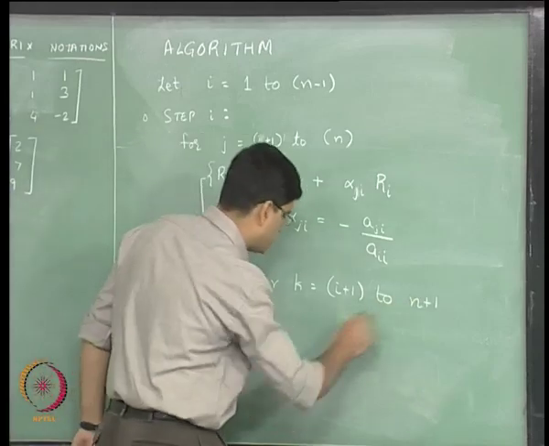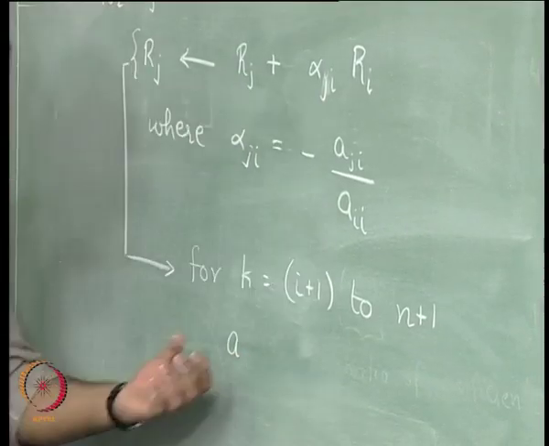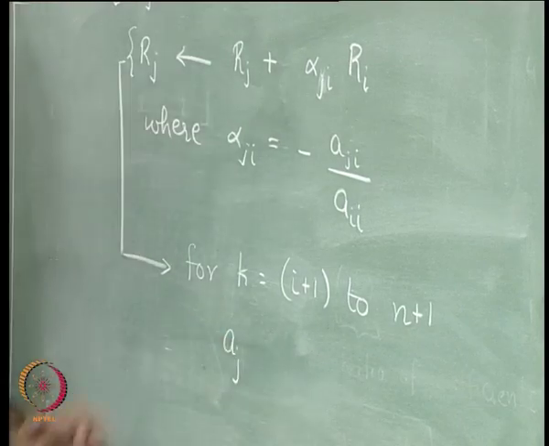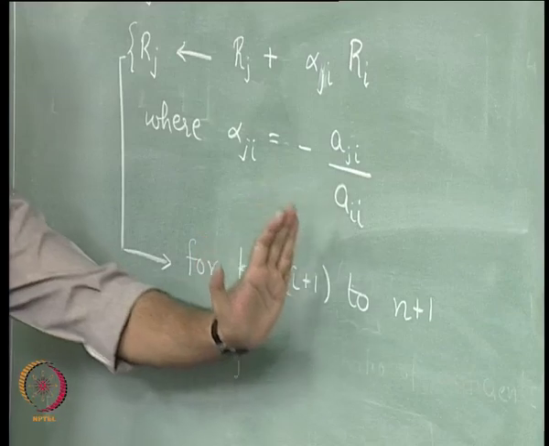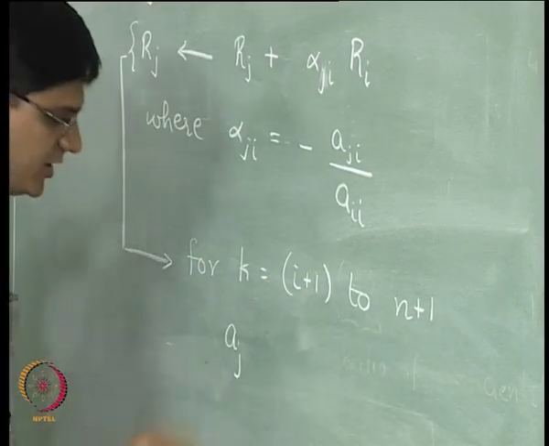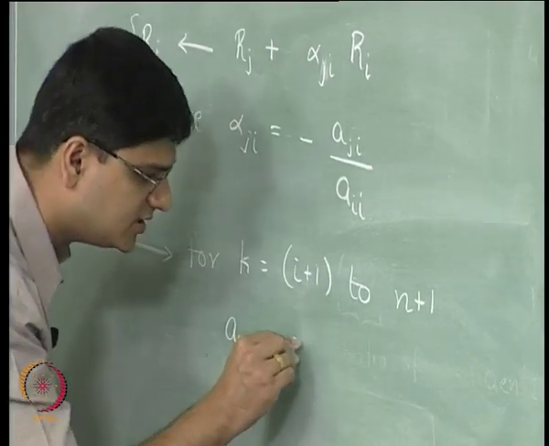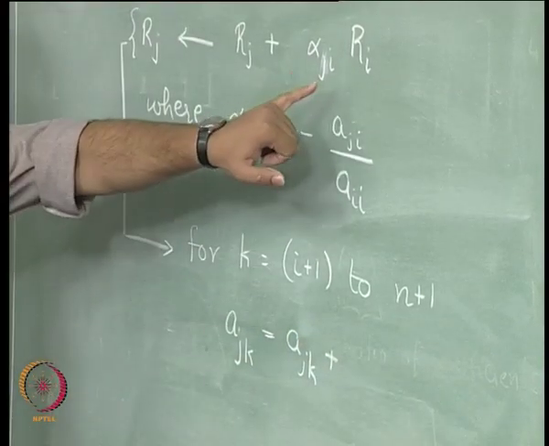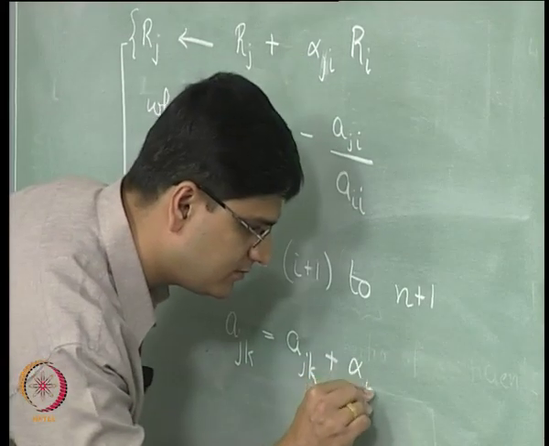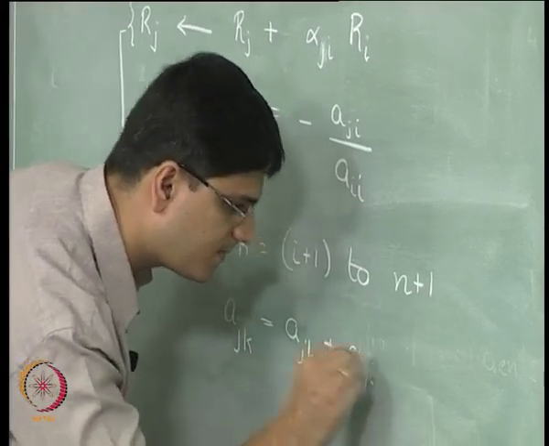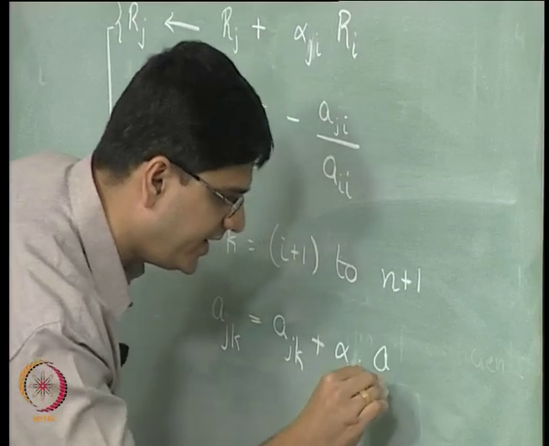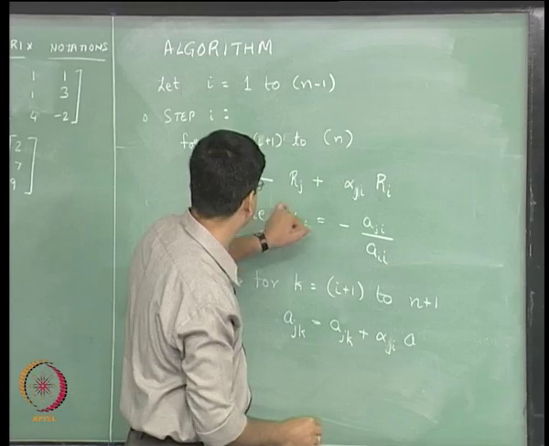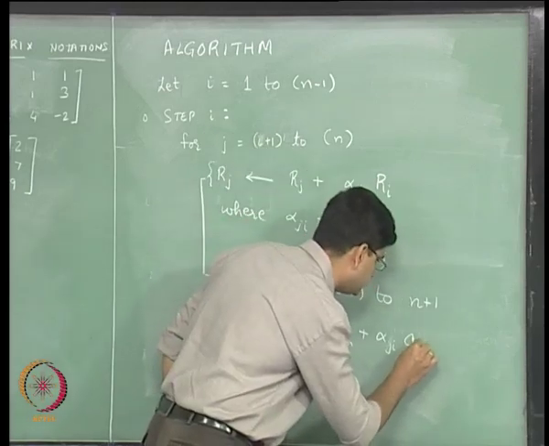Okay. In this particular case we are looking at the jth row, and all the columns after the column I. So we will have a j comma k equal to a jk plus alpha j I multiplied by a I comma k.